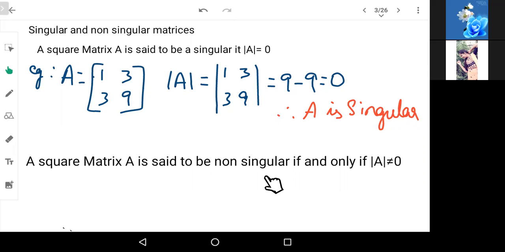Singular matrix means the determinant value is 0. Non-singular matrix means the determinant is not equal to 0. Are you all able to follow?